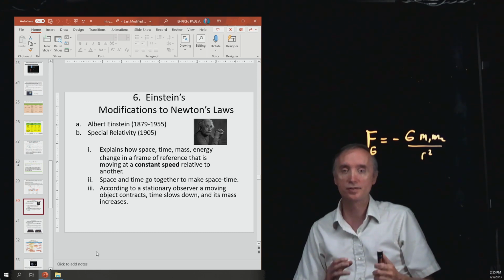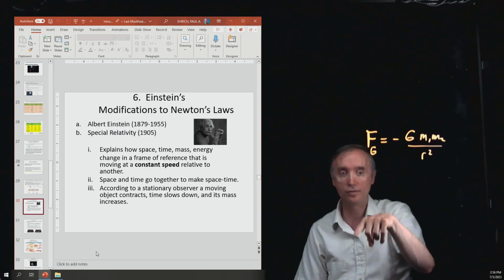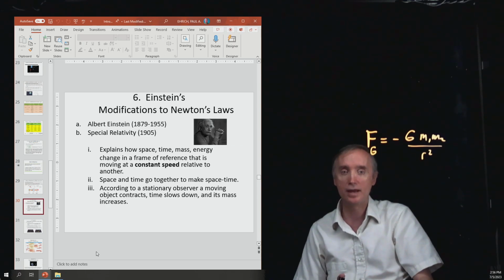And this theory is going to explain how space, now space is going to be length and width and height, so 3 dimensions of space, and time, and mass, and energy change in a frame of reference that is moving at a constant speed relative to another one.